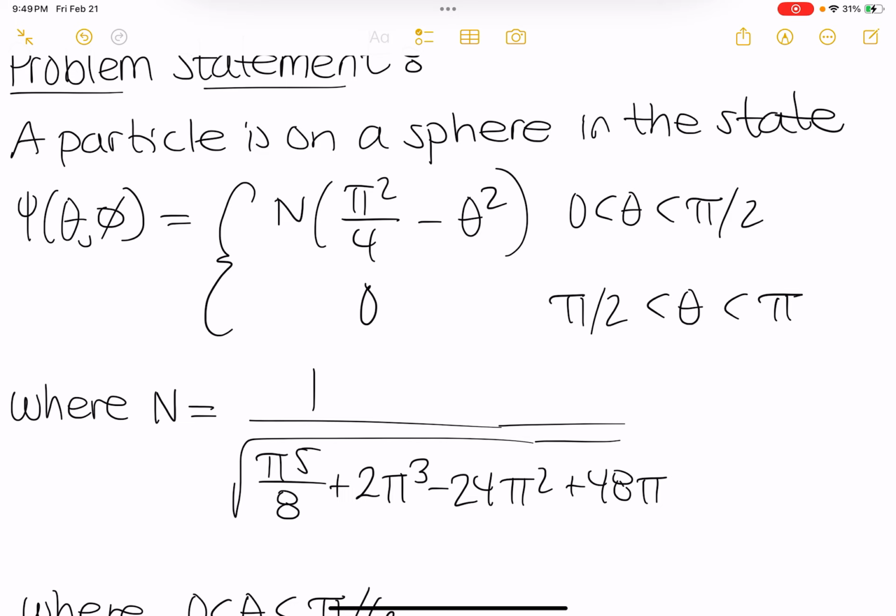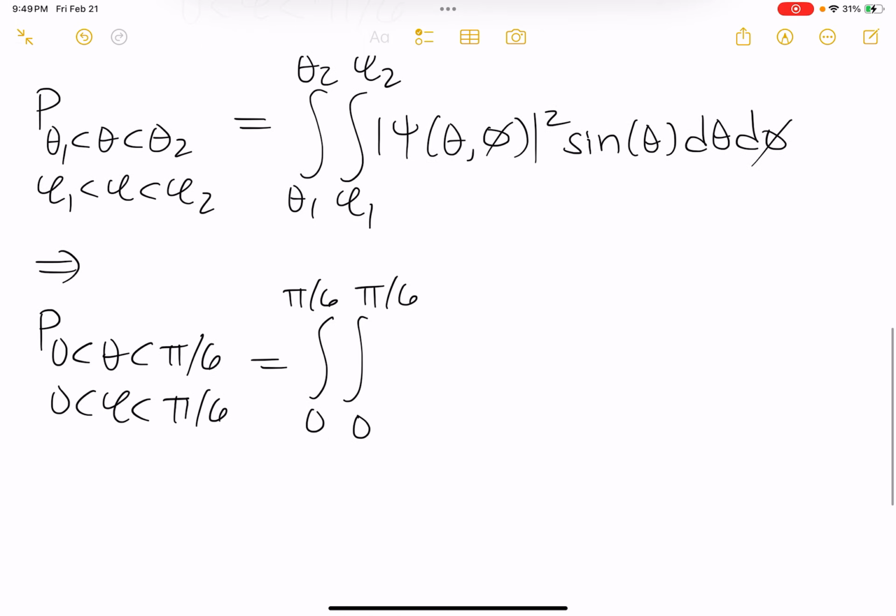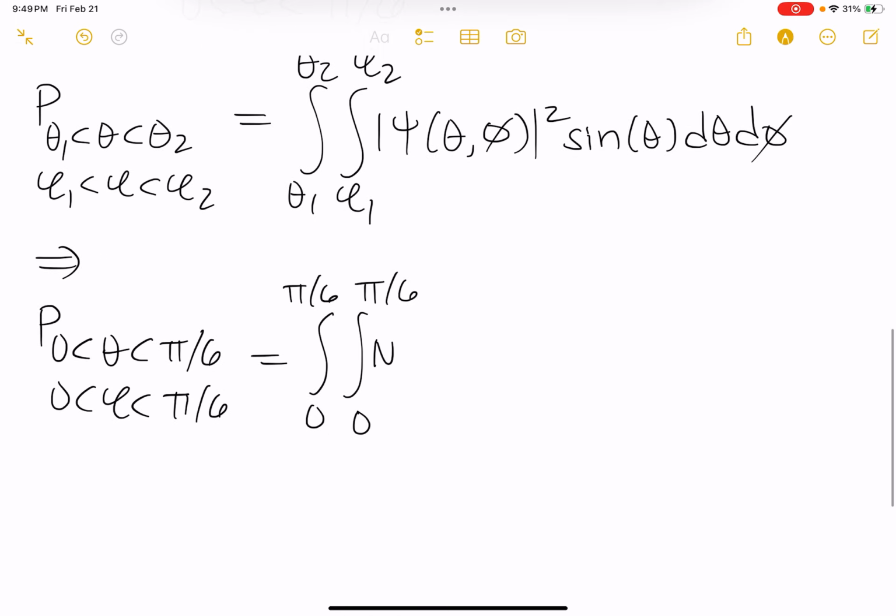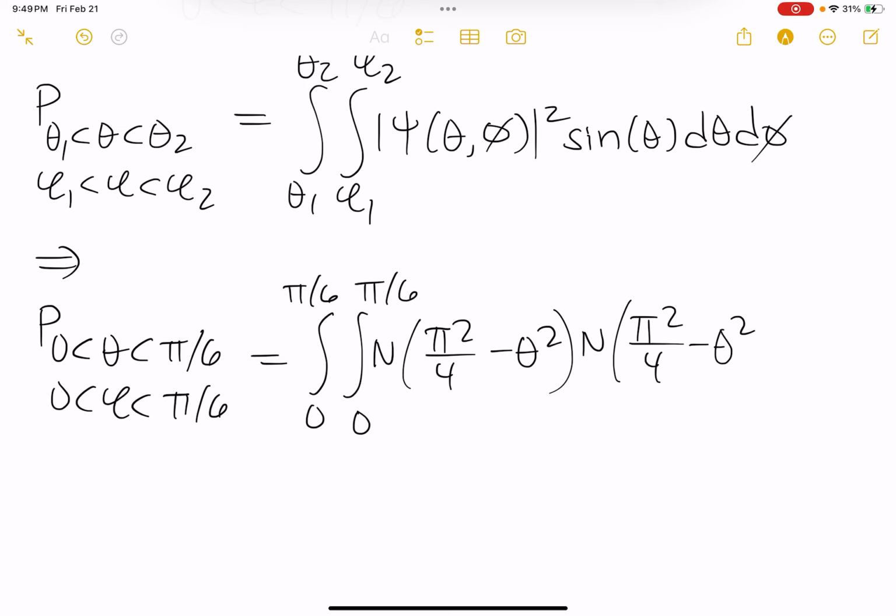So we will get, for the square modulus, N times (pi squared over 4 minus theta squared) times N times (pi squared over 4 minus theta squared), sine theta d theta d phi.